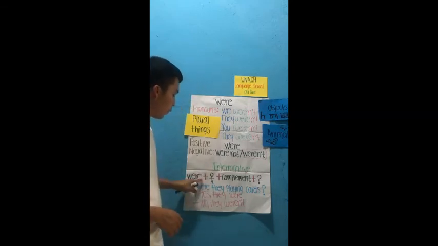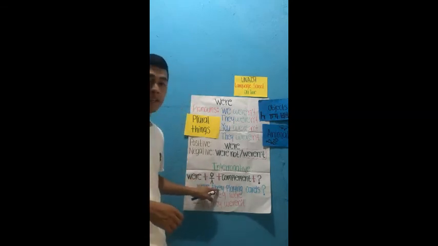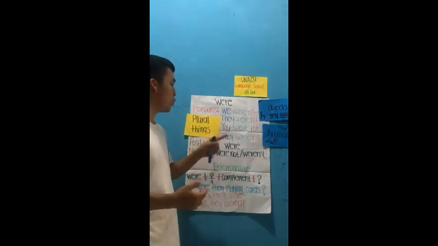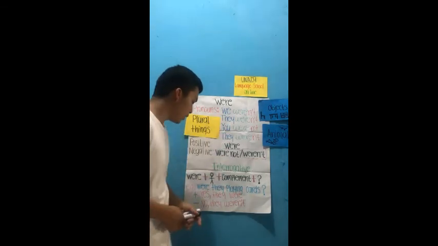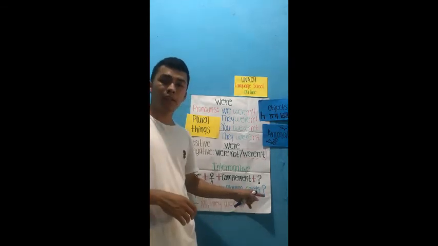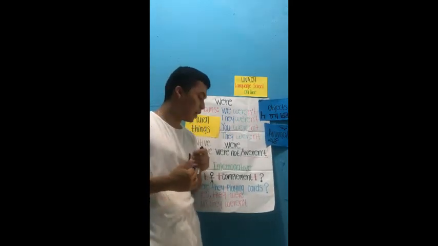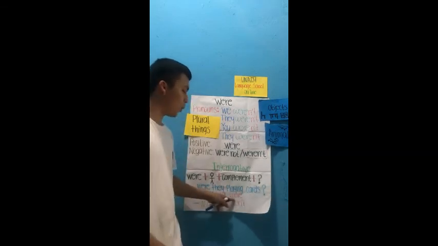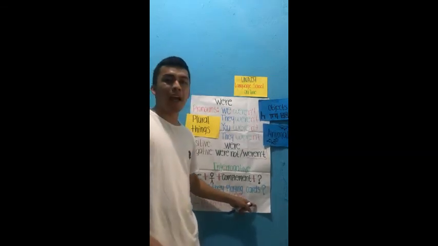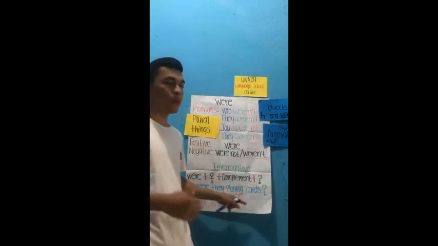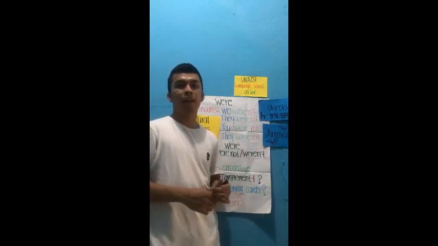For example, were they playing cards? Here they is the subject, you can use you, they, we, it doesn't matter. And the complement, playing cards. Remember, we have to use intonation like a question. Were they playing cards? Or were we having fun at the party? Were they old?